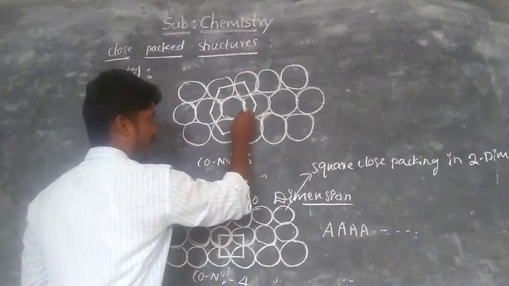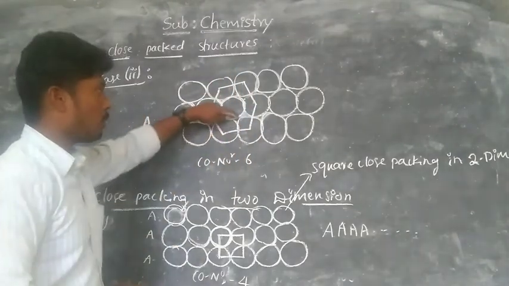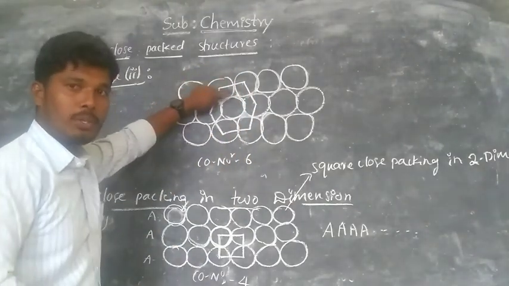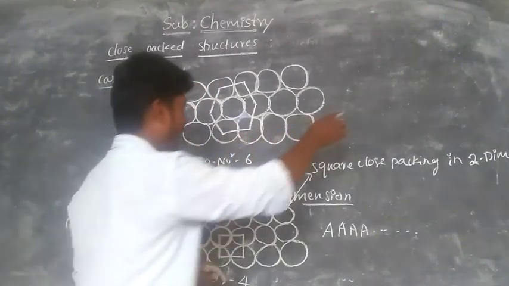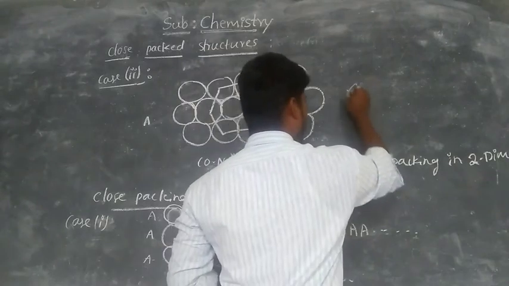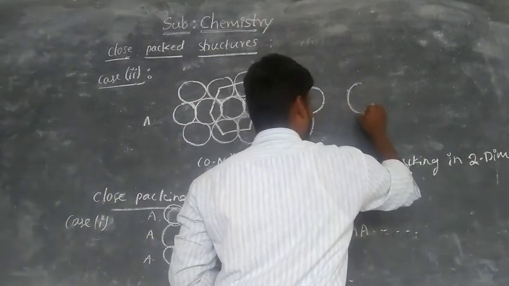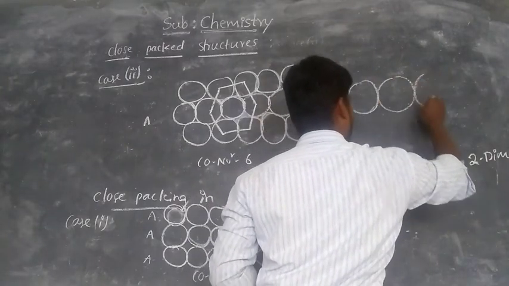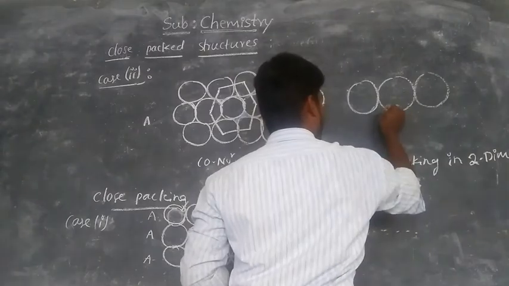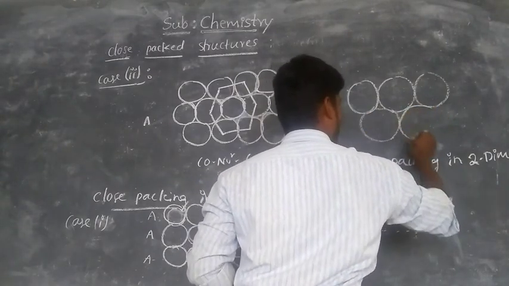The corner is shown on the top side, and this one is on the below side. If two spheres are joined, one sphere and the second sphere, then a third sphere.